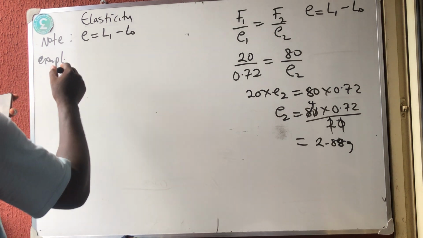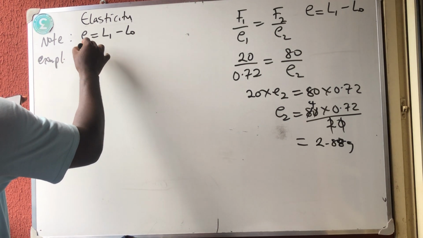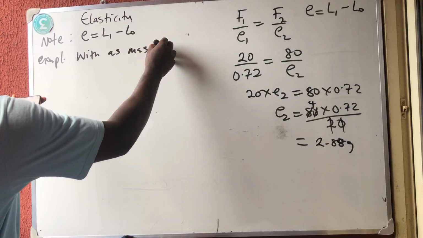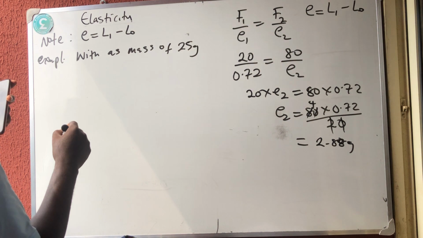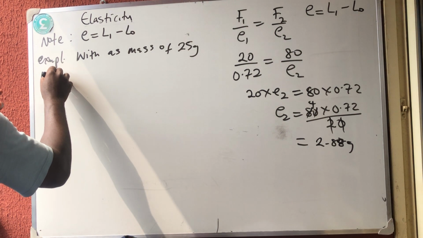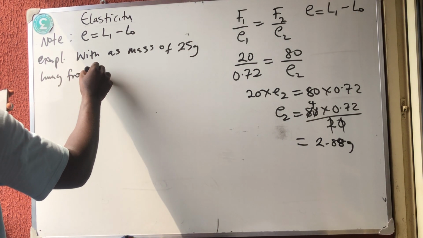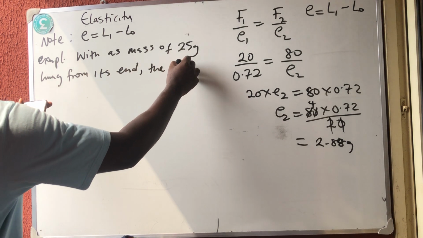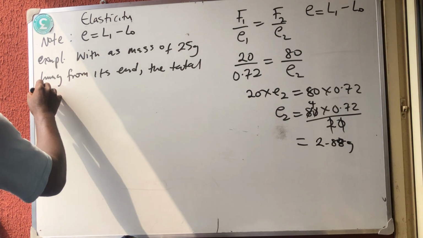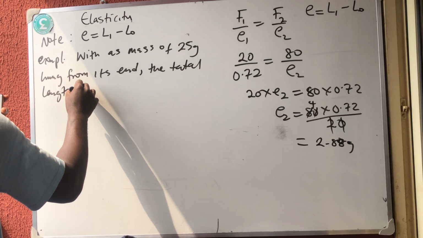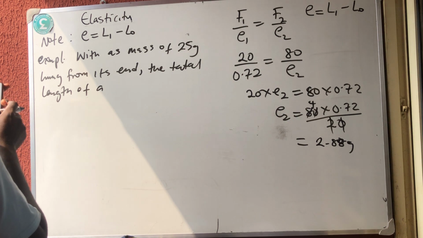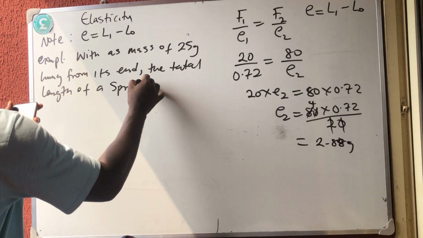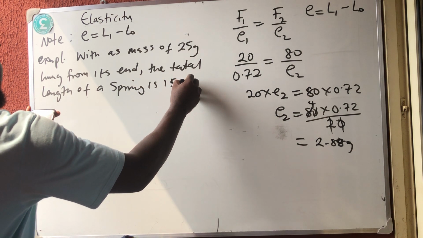Very important. I have that with a mass of 25 gram hung from its end, the total length of a spring is 15 cm.